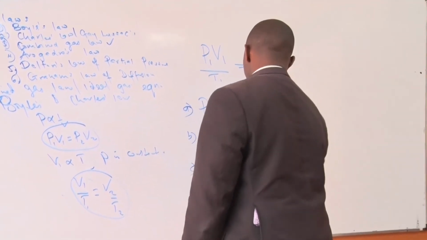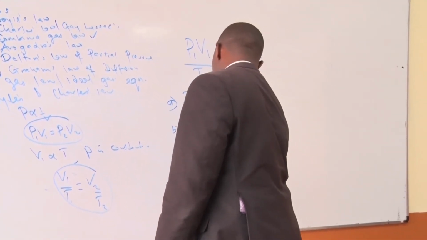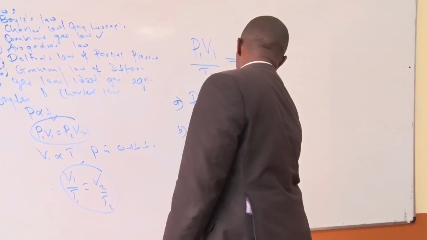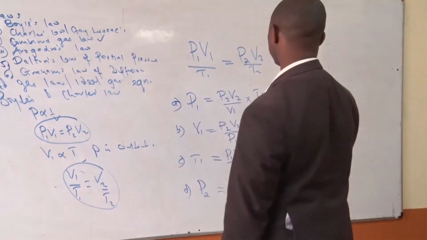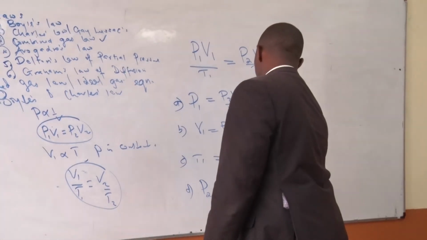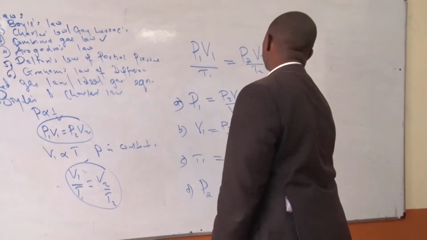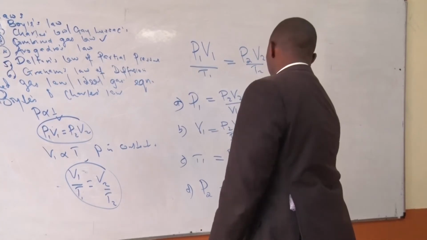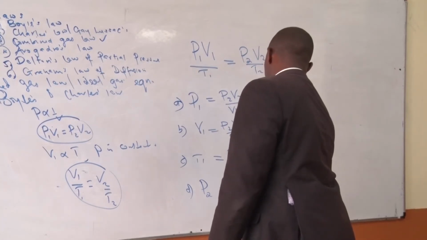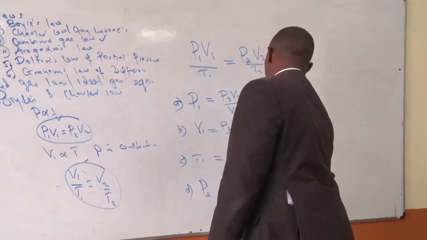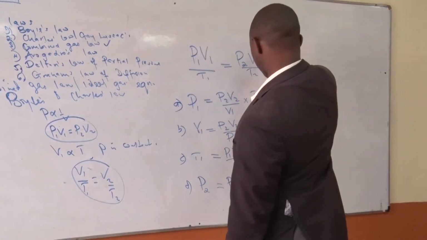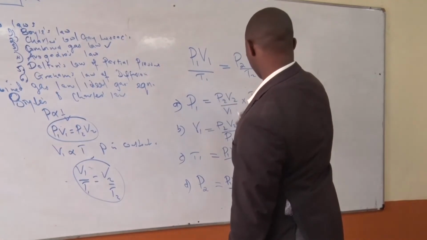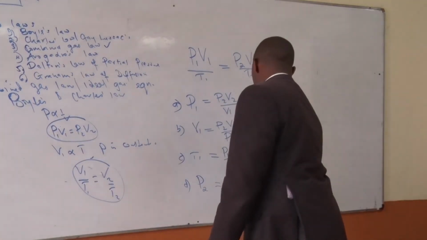So we have P1, V1, T1. Let's now go to this side, P2. You can be told to identify P2. Now P2 is equal to, again we cross multiply, P1 V1 over T1, and when you cross multiply that way, it is supposed to be times T2.